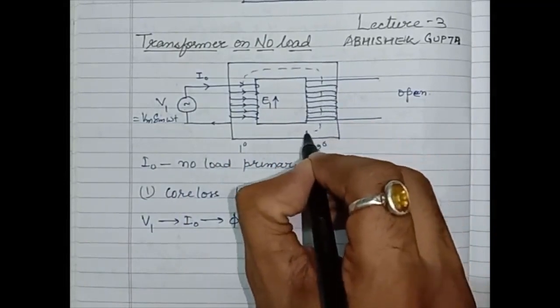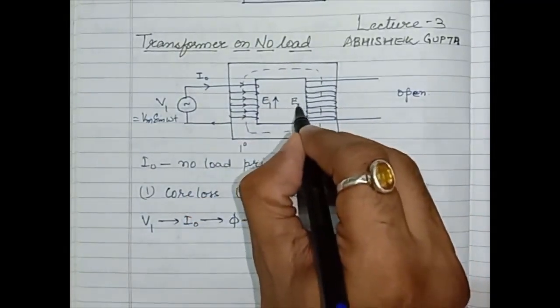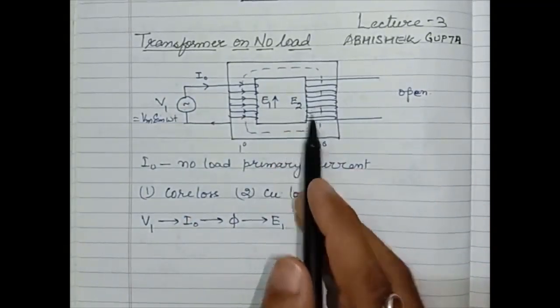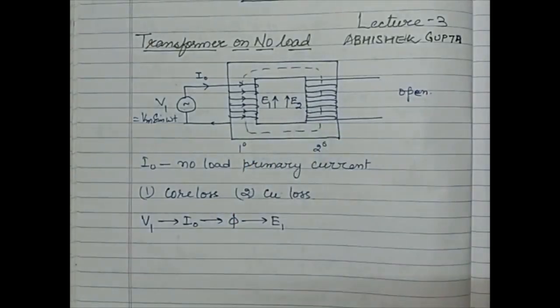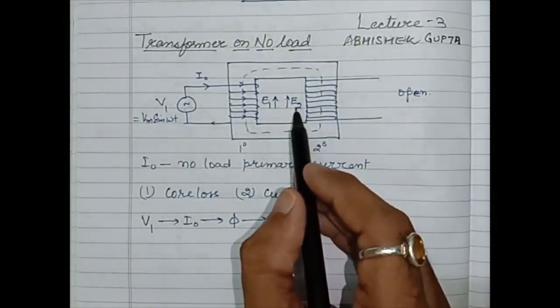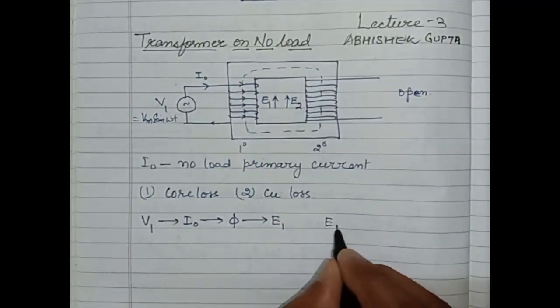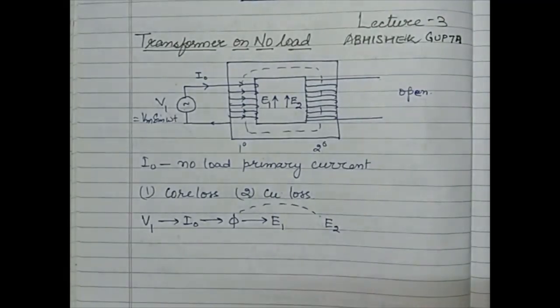When this phi links with the secondary winding of the transformer, what will happen? It produces mutual induction. Because of the mutual induction, it produces another EMF in the secondary winding, which is given as E2. This is the secondary induced EMF.